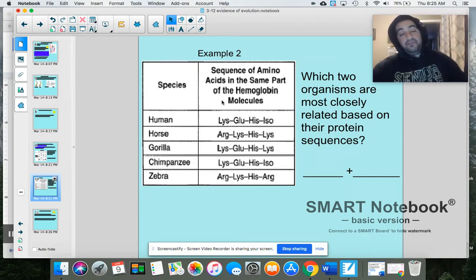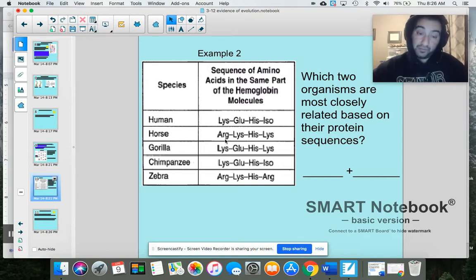So let's take a first look at human and horse. If you take a look at humans and horse, the first one for humans is LYS. The first one for horses is ARG. And if you go down the line, you can quickly tell this amino acid sequence is not similar to a horse. All right, let's move on. The gorilla.